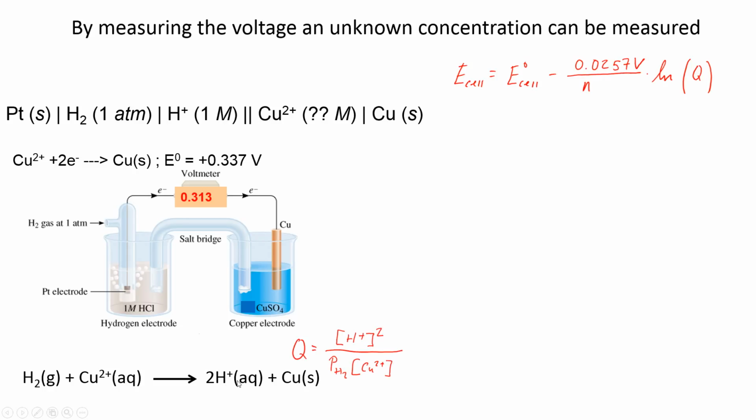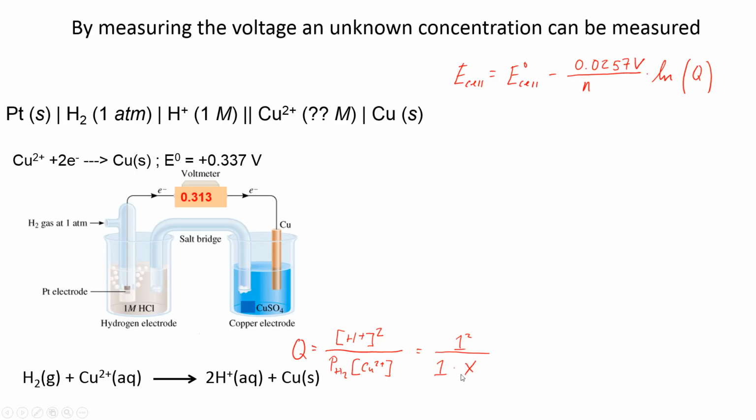So writing the reaction quotient now is just products, H+ ions squared, the pressure of H2, and the copper ion concentration. Well, the anode is under standard conditions, so I'm 1 molar for the H+, and I'm 1 atmosphere for the partial pressure of H2, and so numerically I can plug in 1s for the components of the anode, and X is my unknown copper concentration.